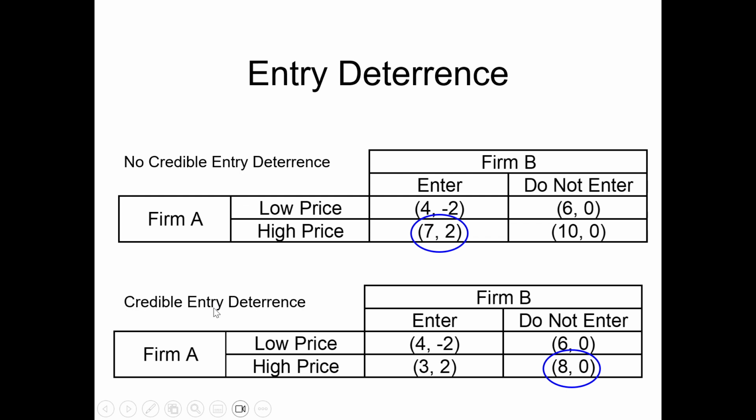Their branded products have to be demanded by the customers. But credible entry deterrence here means their product is not that established in the market, and if they move for a higher price, only some customers will stay, and some will move on to the other party. So what will happen, the same as in credible entry deterrence, is that firm B does not enter.